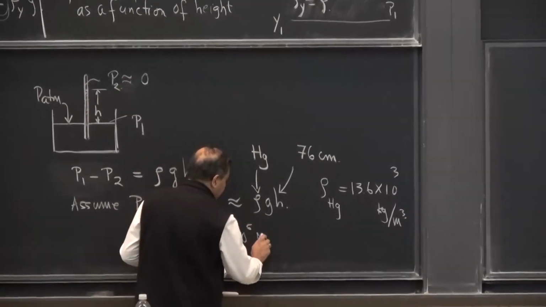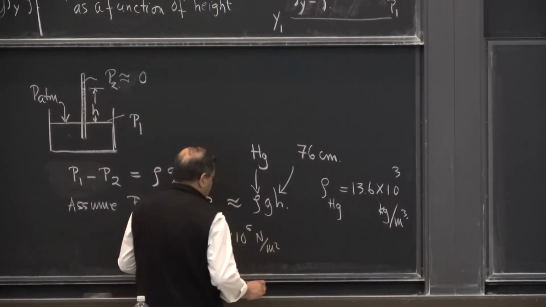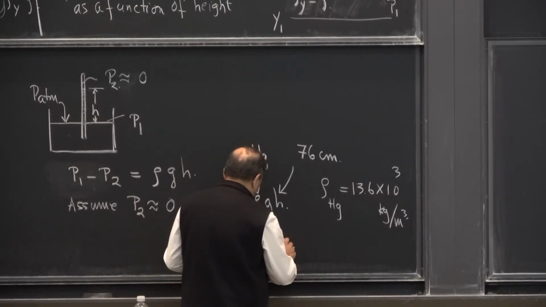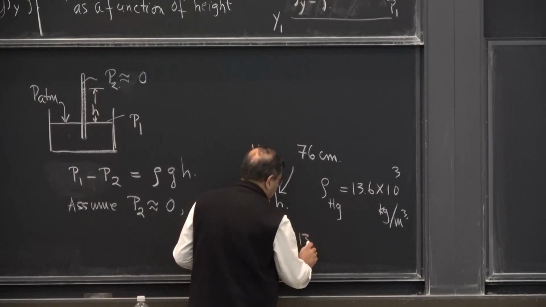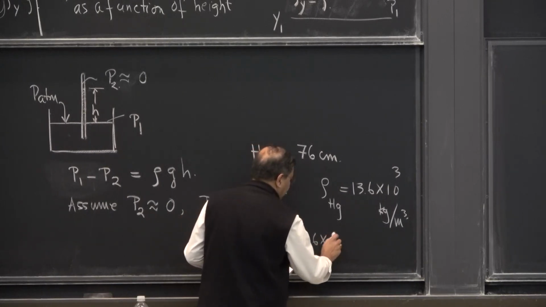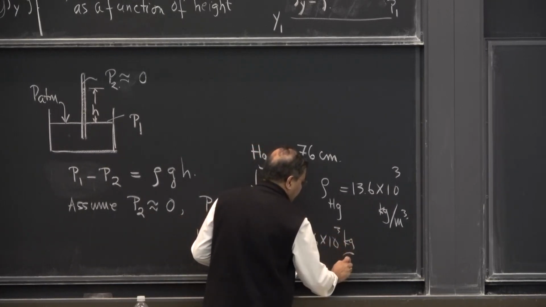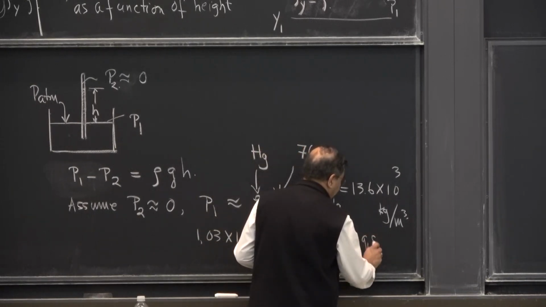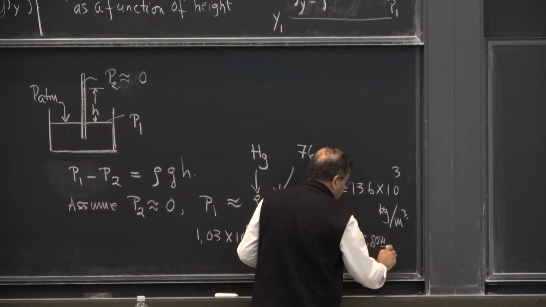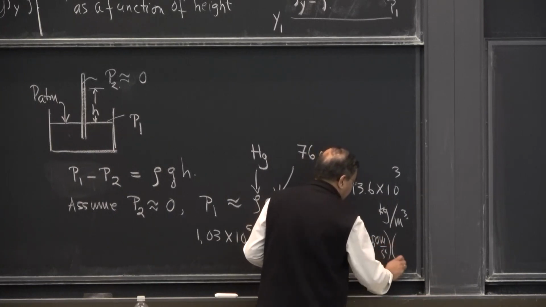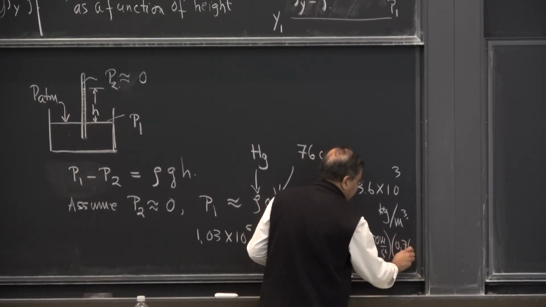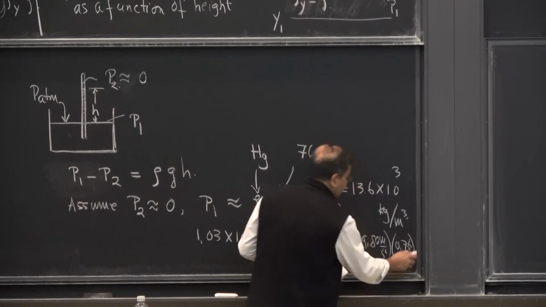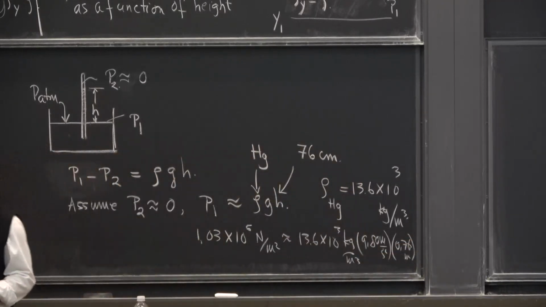Pascal is newtons per meter square. This is approximately equal to 13.6 times 10 to the 3 kilograms per meter cube times g, 9.8 meters per second square, times 0.76. 0.76 meters is of course 76 centimeters of mercury. If you multiply out, you'll see that the numbers on both sides roughly match up.